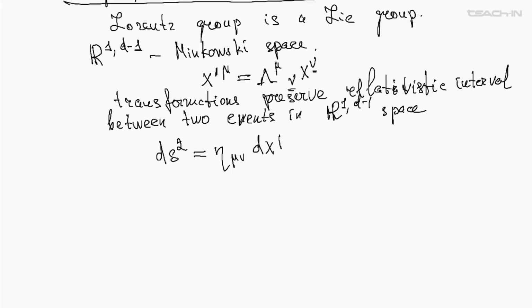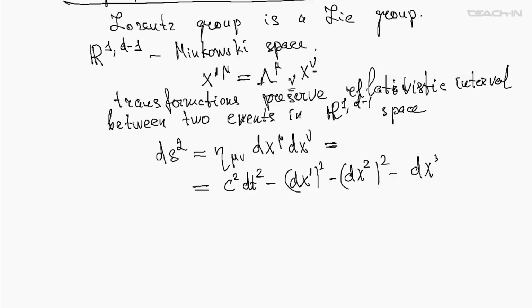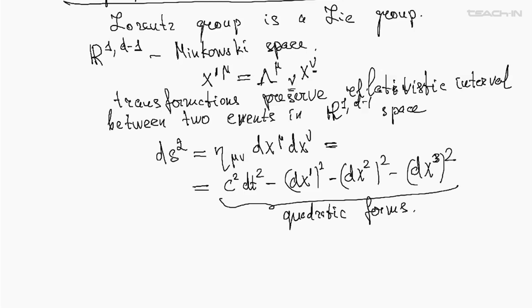The corresponding quadratic form, written explicitly, is c squared dt squared, where c is the speed of light, minus dx1 squared minus dx2 squared minus dx3 squared. This quadratic form defines an infinitesimal interval ds between 2 events in Minkowski space.